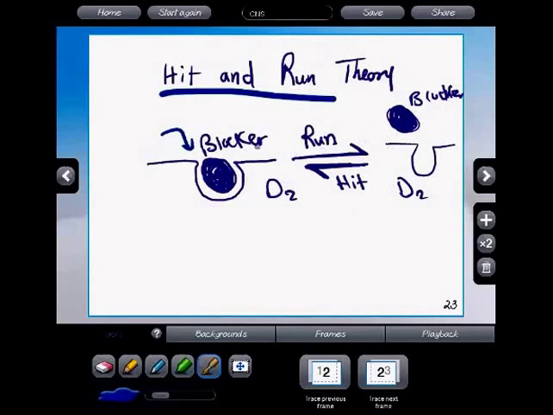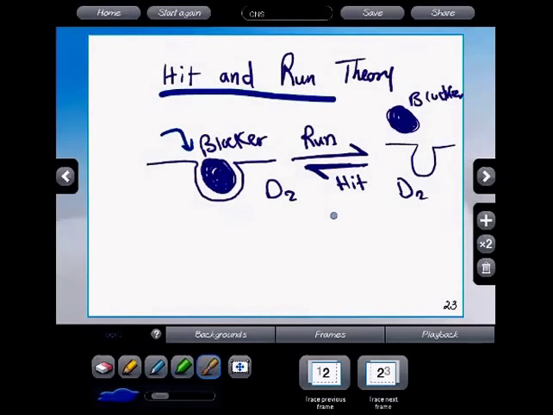This is occurring all the time, not like it stays in the receptor blocking it for a longer time. No, it blocks, then after minutes it runs, then blocks, then runs. This does not give the major side effects that you get if you block for a longer time. If you block for longer, the side effects can be higher.